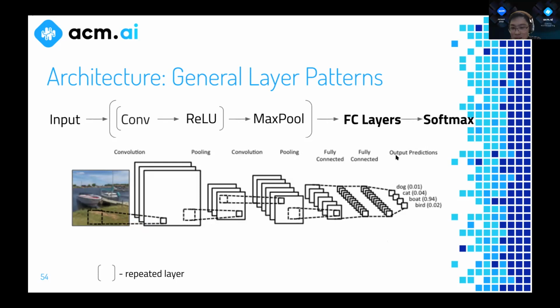Someone asked the question, is it like compressing an image? Yeah, you can think about it that way. But it's not completely compressing, because compressing usually retains all the information. What we're doing with convolutional layers and max pooling layers is extracting features. And with each level, we're extracting higher and higher level features.